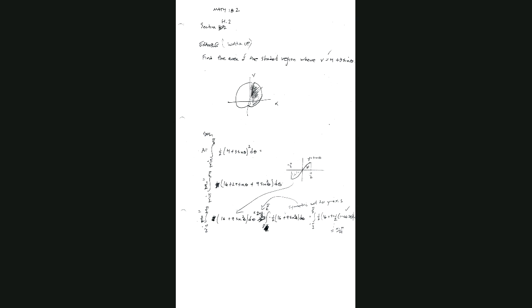And then you're going to have plus 9/2, because you have that 9 there, times 9/2 times theta minus the sine of 2 theta over 2.